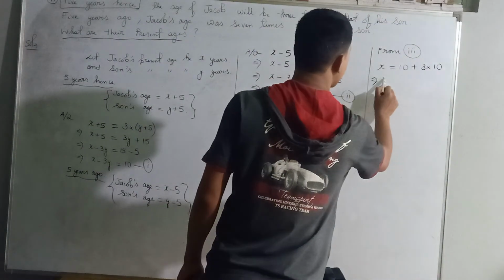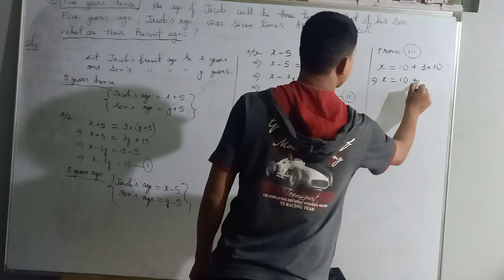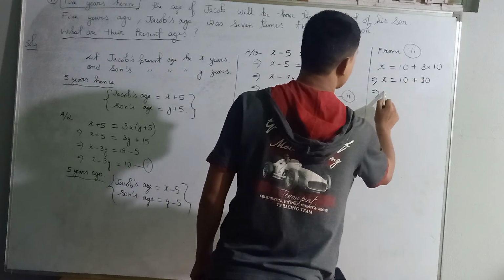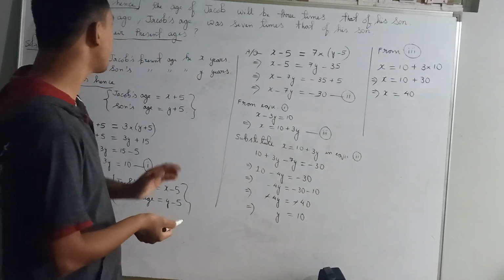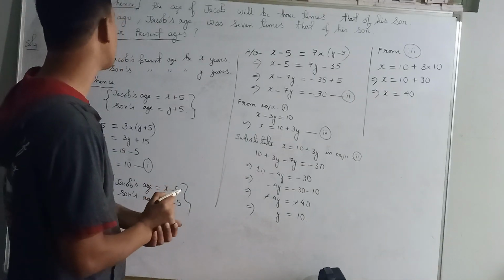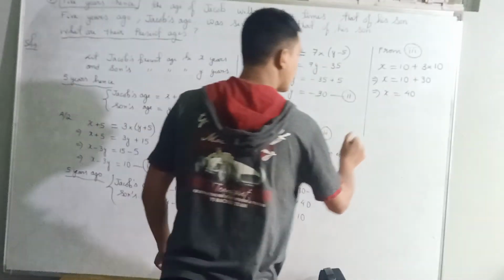So this implies X equals to 10 plus 30. So X is equal to 40. X represents Jacob's present age. So Jacob's present age is 40 years.